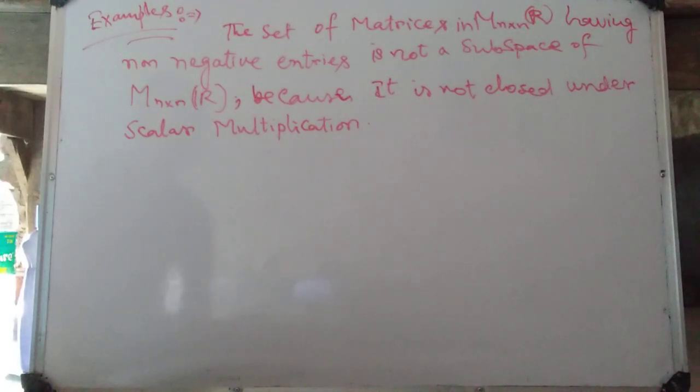All entries are non-negative, but if we multiply by some element from the field that is negative, then all entries are negative, so this does not belong to the set of all matrices having non-negative entries. So we see that this is not closed under scalar multiplication.